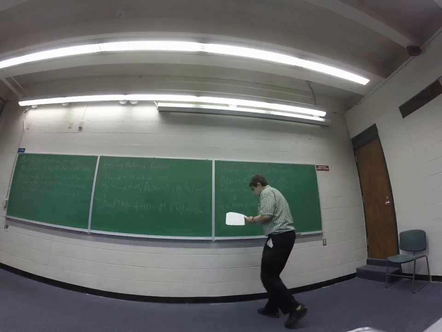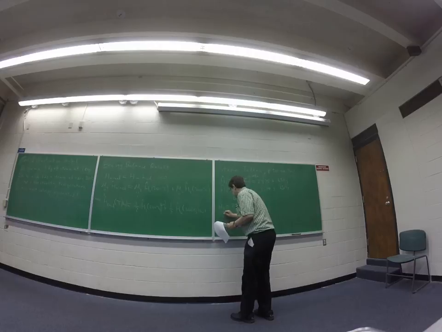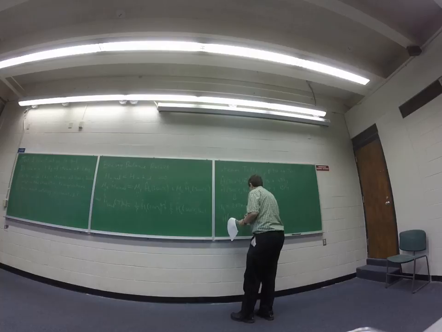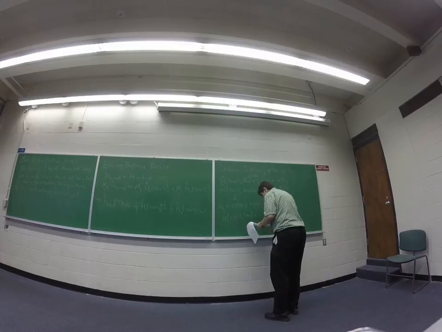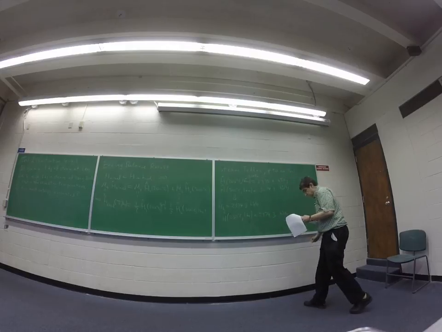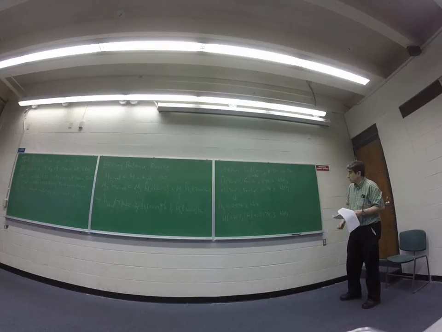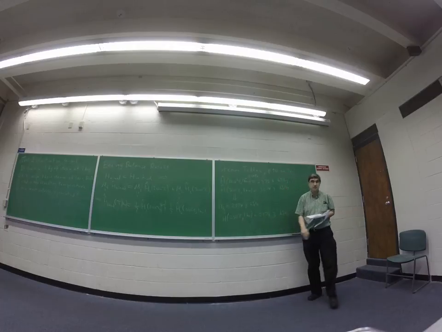If we look at steam tables, H hat at 250 degrees C, 1 bar is 2974.3 kilojoules per kilo. So it's close, but not exact.